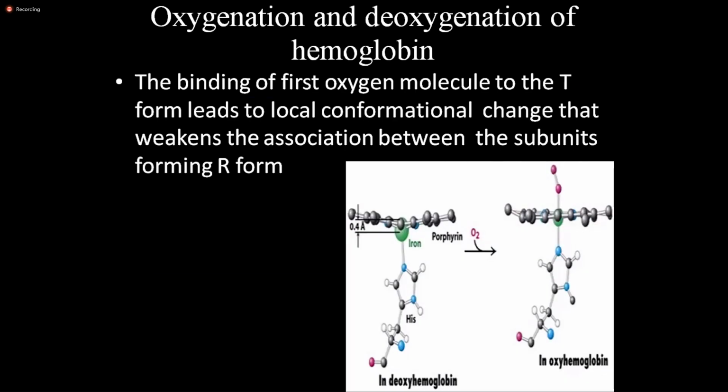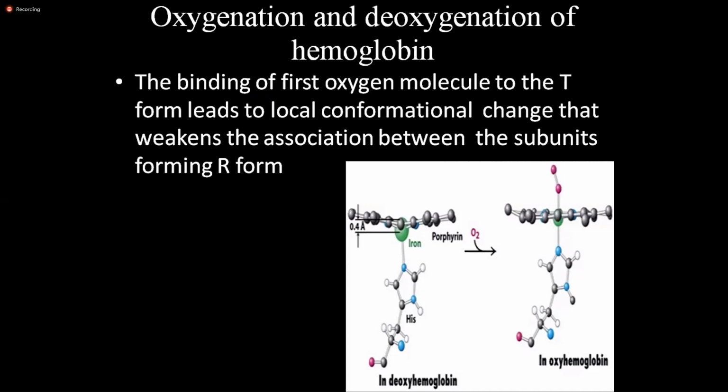This is the very important mechanism of why hemoglobin in the lungs can hold oxygen, and why hemoglobin in the tissue can unload oxygen, due to the characteristic change of the hemoglobin molecule.